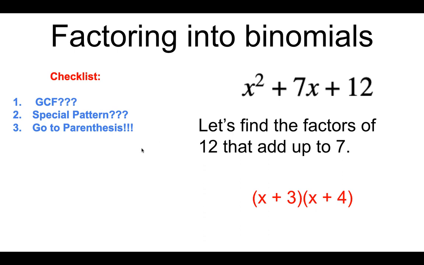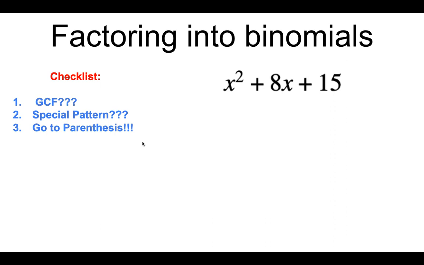All right, let's try another one. Here's another one. So again, checklist, go through that in your brain. In this case, they will all go to parentheses today in this video. But there's not a GCF, there's not a special pattern, so let's go to parentheses. Just like the last one, you're going to look at the constant, positive 15. Well, what are the factors of positive 15 that add up to 8? Earlier today, you guys were working on foolish factoring, that handout that we had at the start of class.